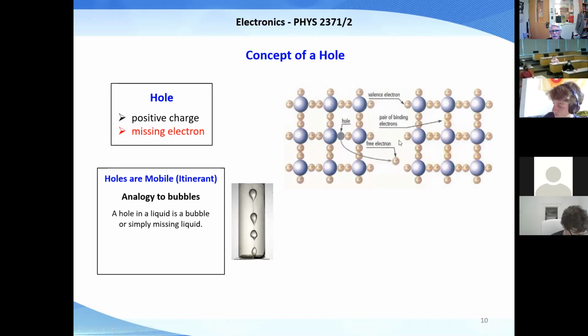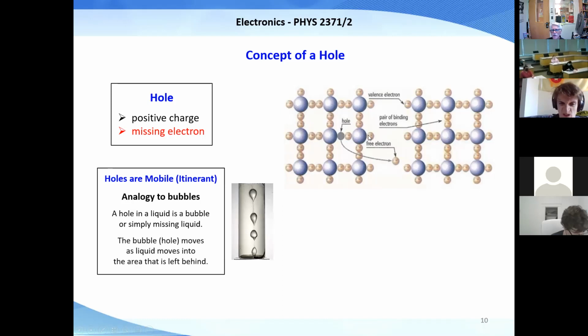Let me back up just a second. Okay, so you want this hole to move. Forget about this free electron here, but suppose there's a hole here, positive charge. To get this hole to move to the right here, you take this electron and pop it over into the hole.